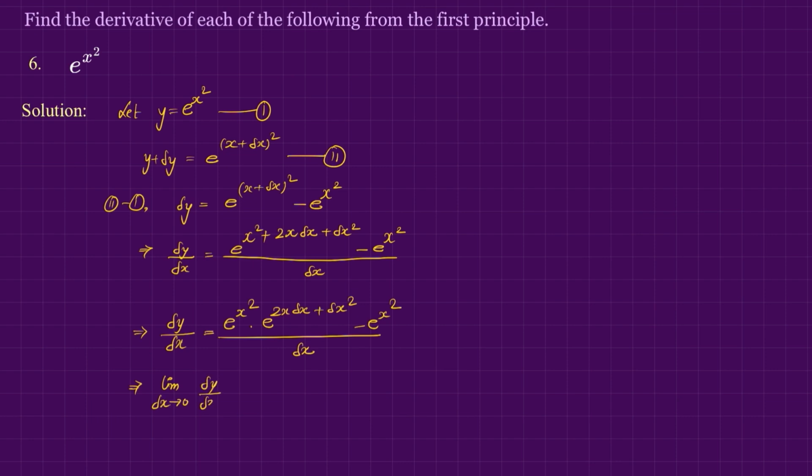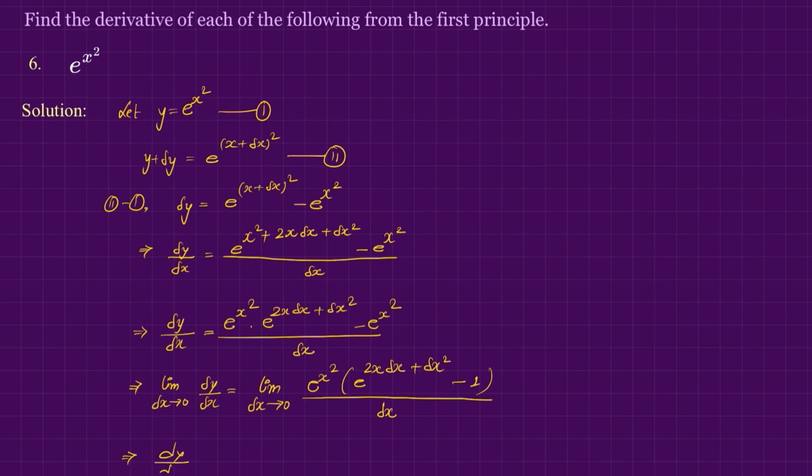Del y over del x equals limit delta x tends to 0, e to the power x square as common, then it will be e to the power 2x delta x plus delta x square minus 1, whole divided by delta x. Now this e to the power x square can be taken out as common in front of the limit, because in the limit we have the variable delta x.